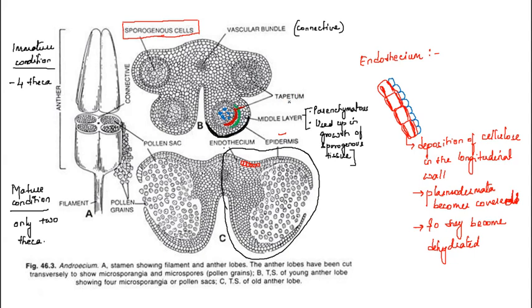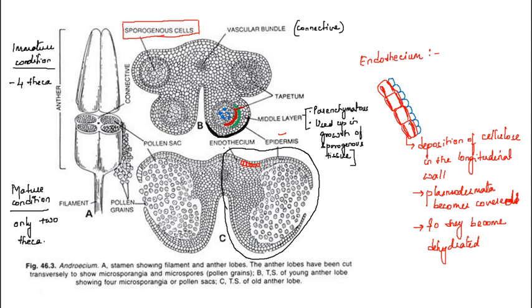Now look here, I have drawn in this picture that the blue color is the epidermis, and the red color one, the more prominent one, which is bigger than the epidermis, is the endothecium. This endothecium has deposition of callose in its longitudinal wall.